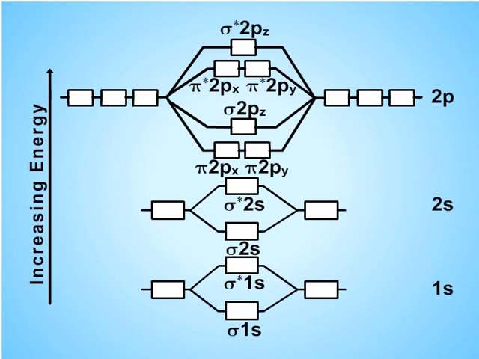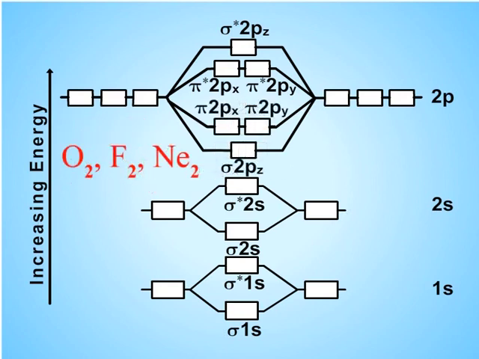The energy of sigma 2pz is higher than that of pi 2px and pi 2py orbitals and is lower than corresponding antibonding molecular orbitals, that is pi star 2px and pi star 2py orbitals, in case of homonuclear diatomic molecules like lithium, beryllium, boron and nitrogen, while in oxygen, fluorine and neon like diatomic molecules, the sigma 2pz bonding molecular orbital has lower energy than pi 2px and pi 2py bonding molecular orbitals. Sigma star 2pz has the maximum energy.